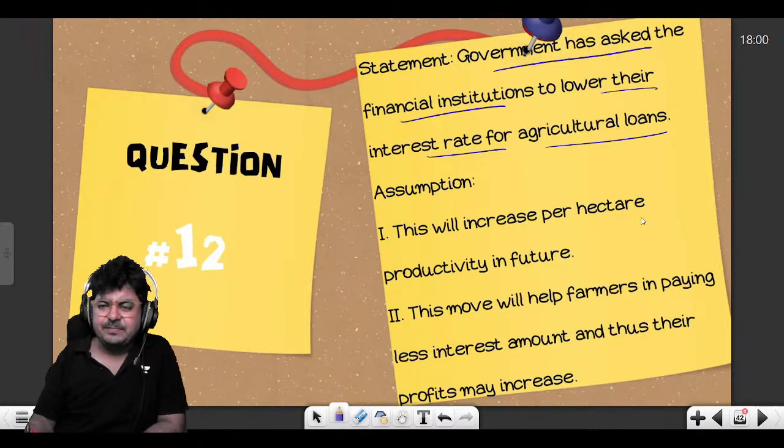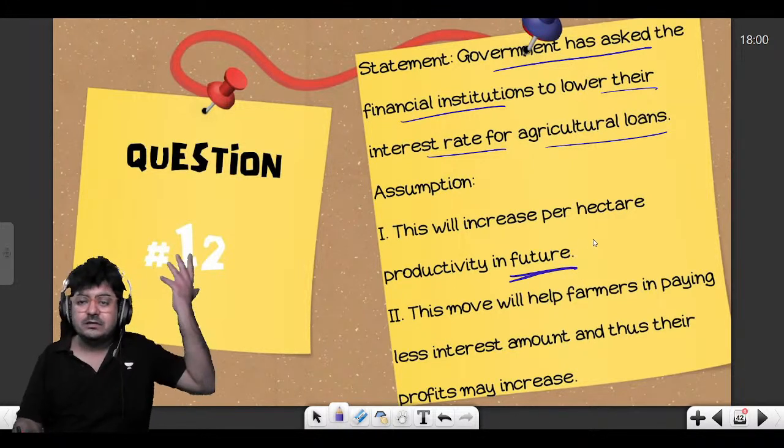Assumption: this will increase per hectare productivity in future.